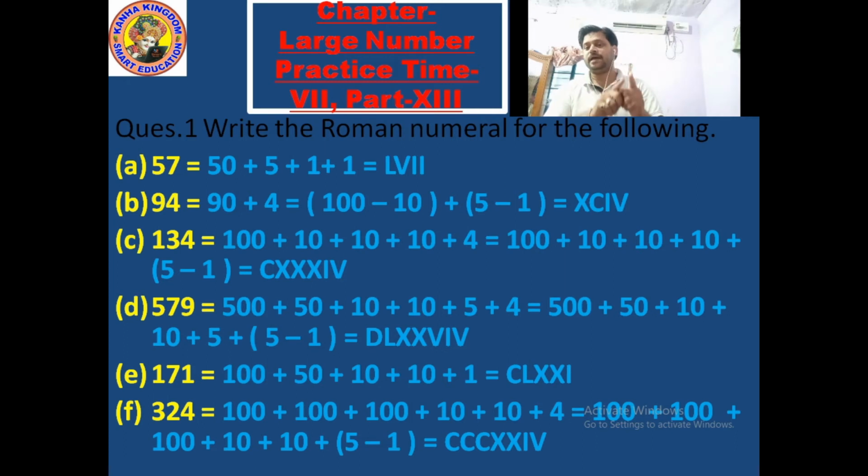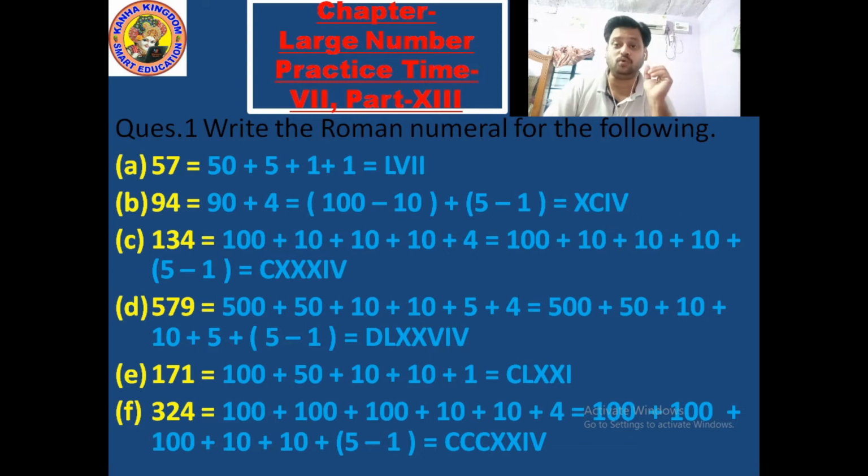Because X is smaller than C, and the value of C is 100, and if we write X before C, it means 10 is subtracted from 100. So 100 minus 10 equals 90. This is the way you find out the value of 90.